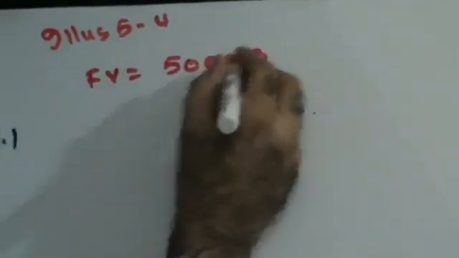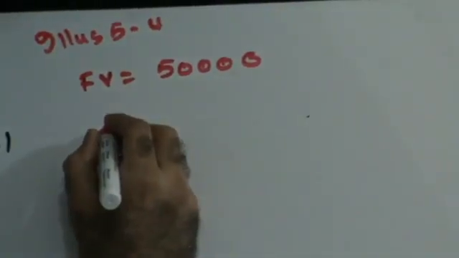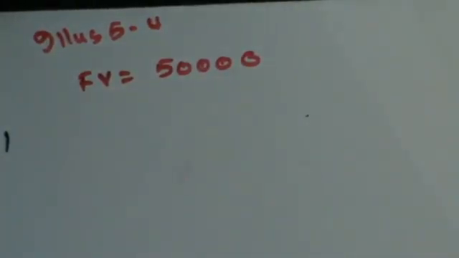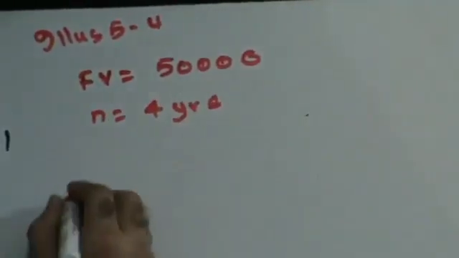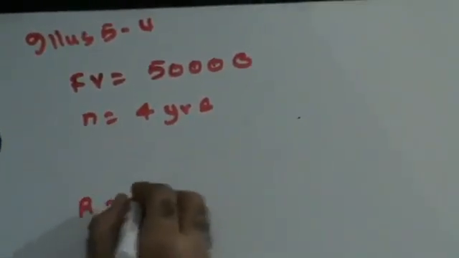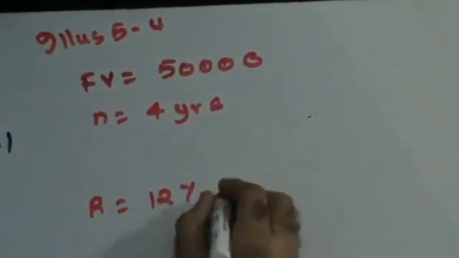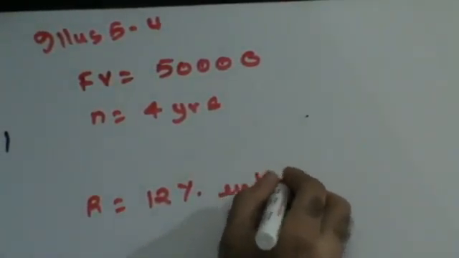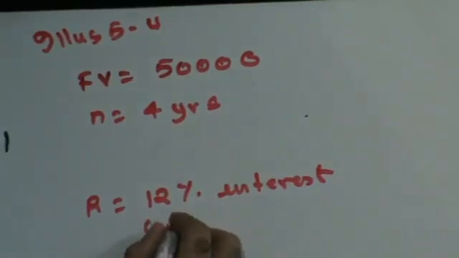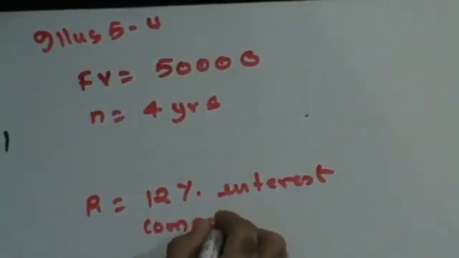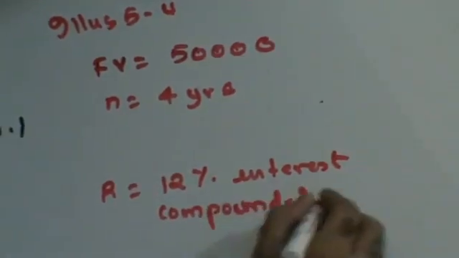That means obviously this 50,000 has to be the future value. So the future value is 50,000, received at the end of 4 years, at the rate of 12% interest compounded quarterly.